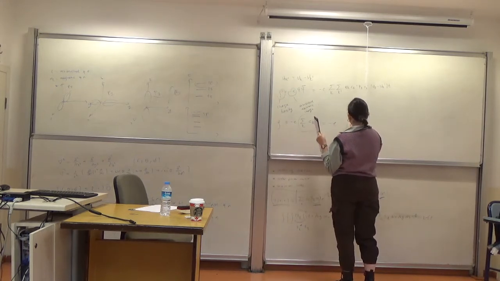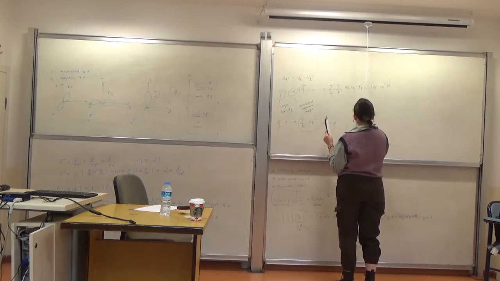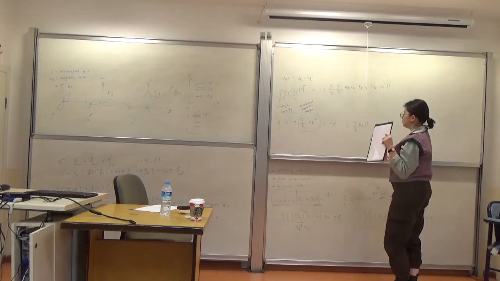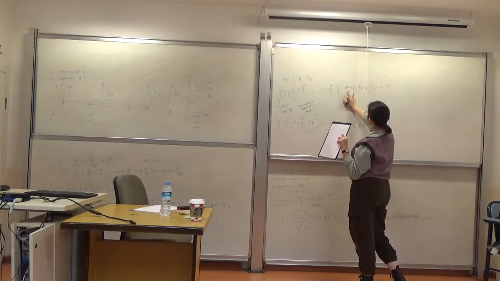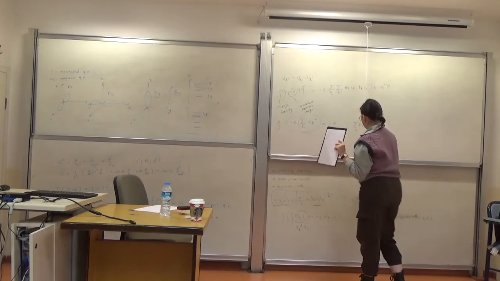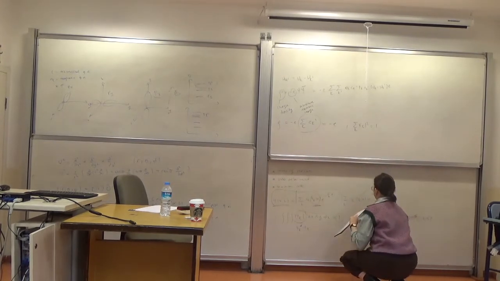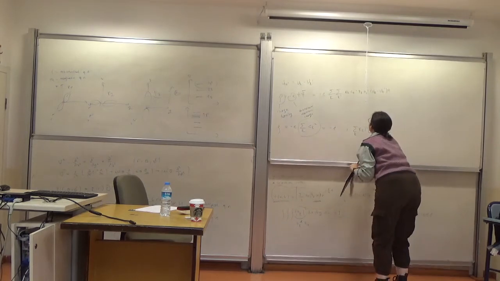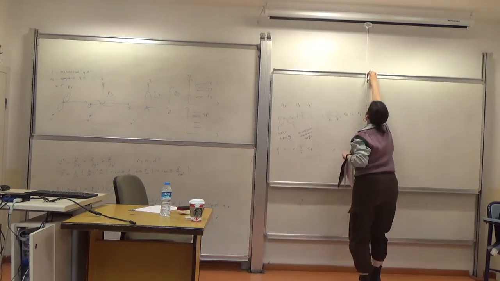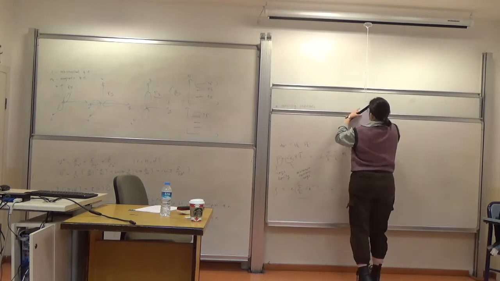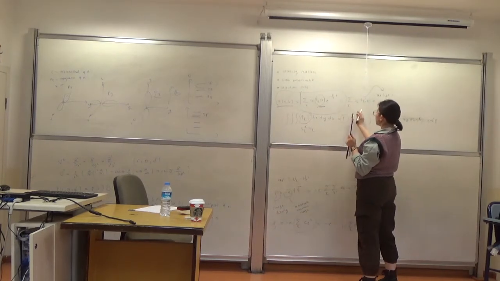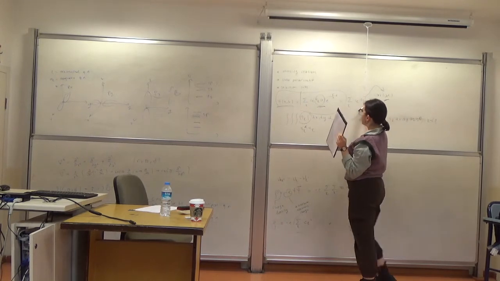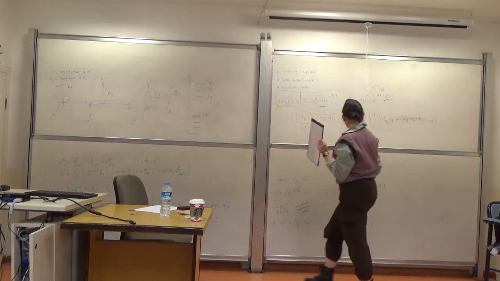From there, we get this one. This one is actually the probability of finding, from that, this c k is the probability of finding psi k in psi of x, and we get 1.